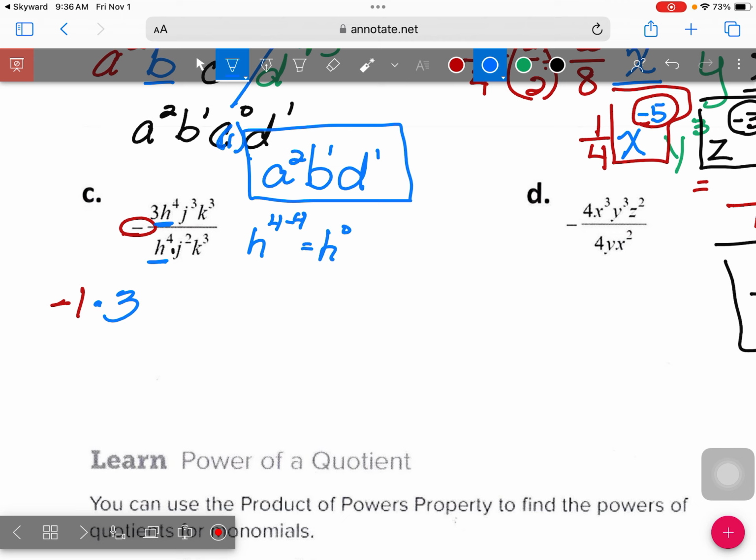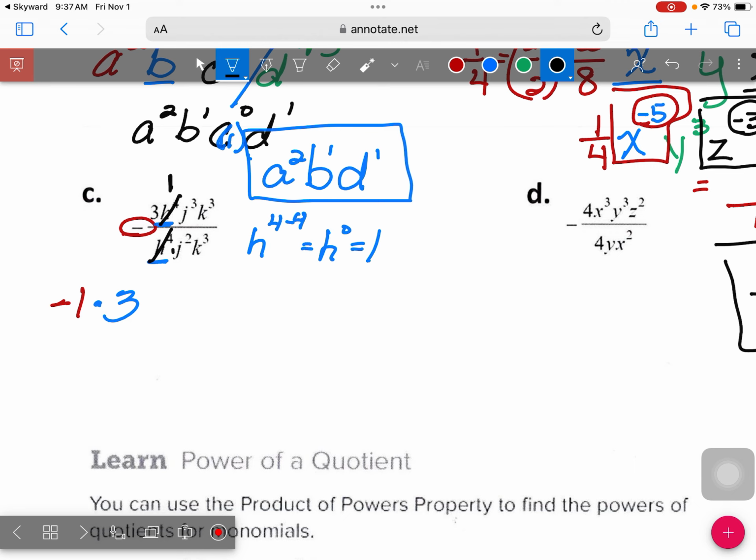What is h to the 0? Anything to the 0 power is 1. But let me also show you, if you have any number, or in here, any power divided by the same power, it's just going to simplify out because you are dividing the whole thing by the same amount. Does that make sense? So h to the 4th divided by h to the 4th is really just 1.